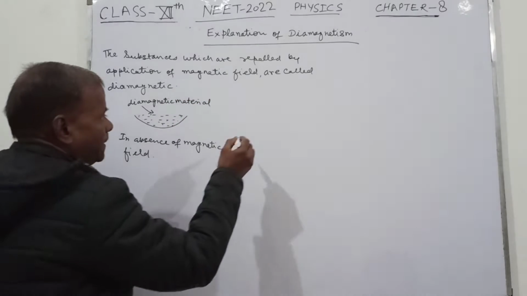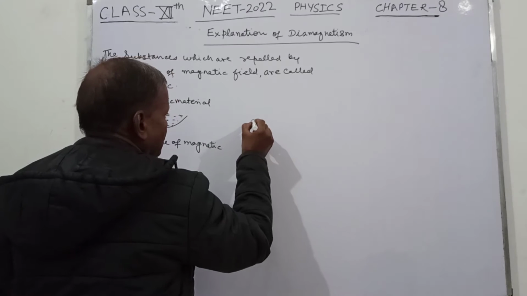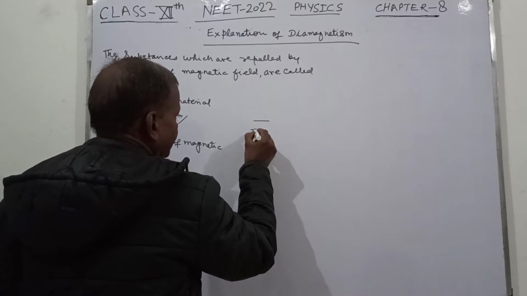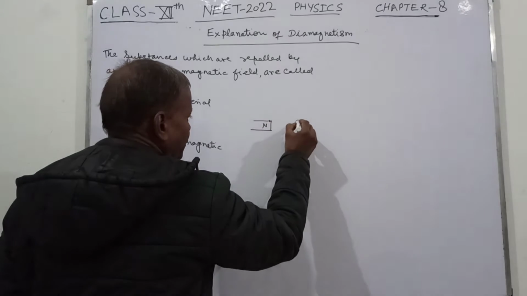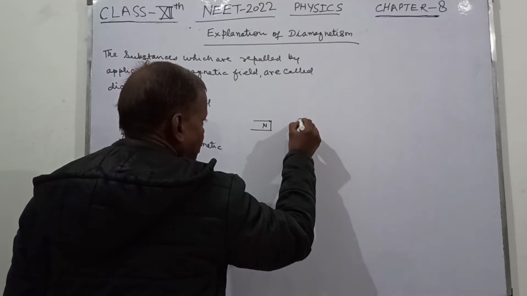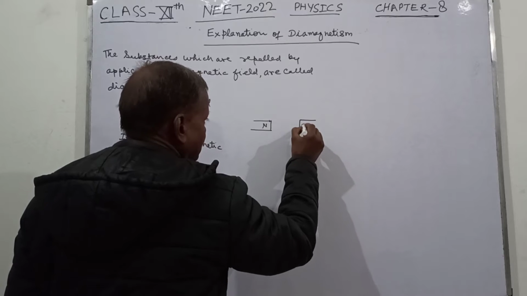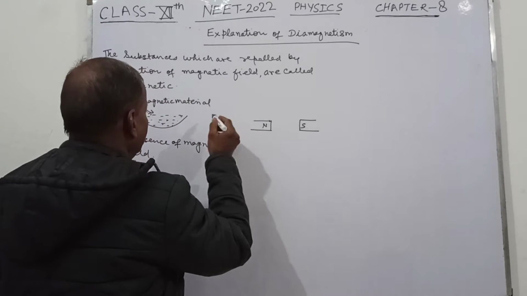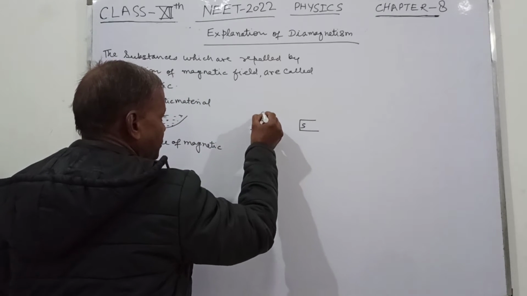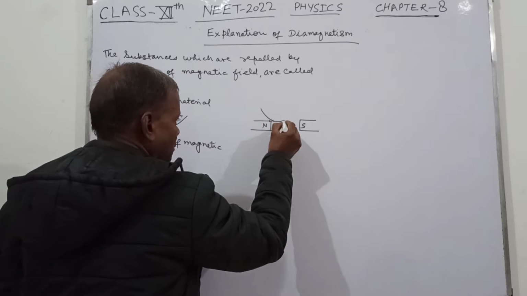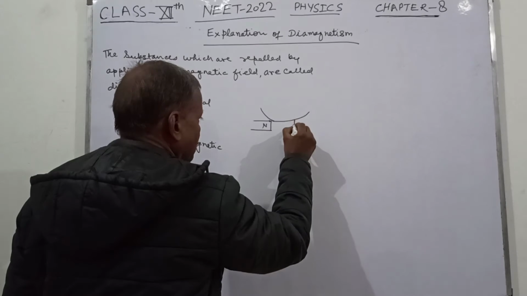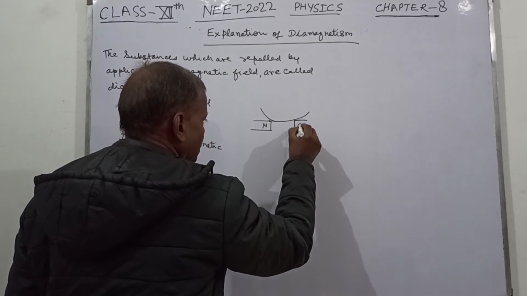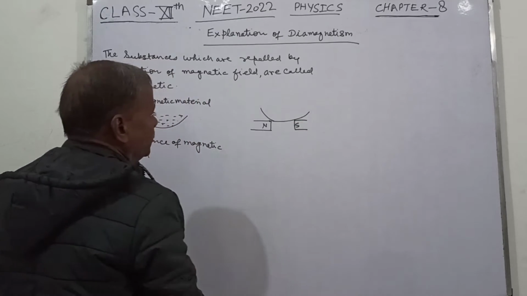Now suppose we are having a magnet. This is the North Pole, this is the South Pole, and this bowl is placed on this magnet.